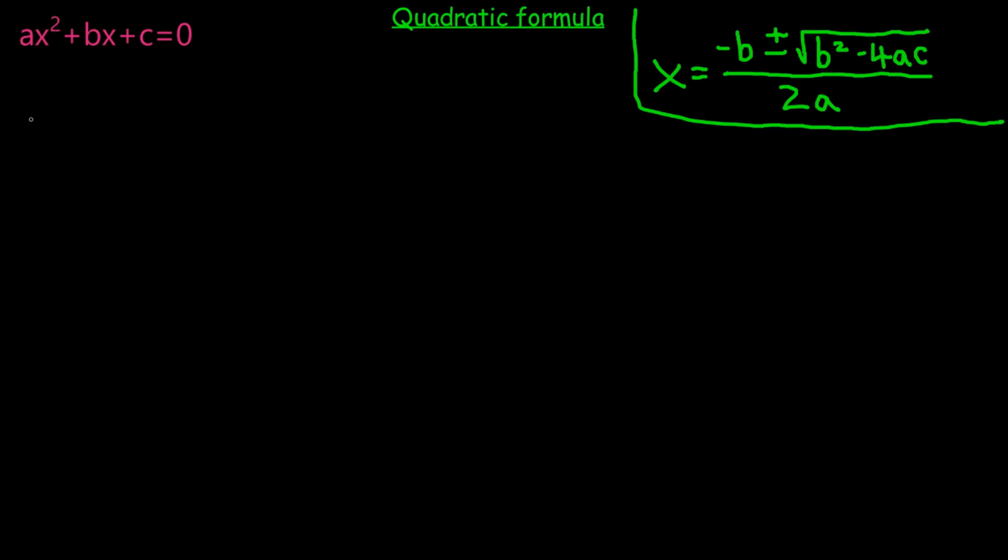Now let's say we have x squared plus 2x plus 2 is equal to 0. Substituting these values, let's put 2 there.